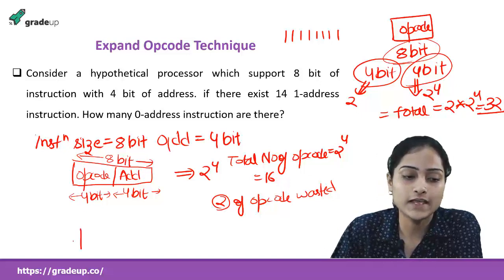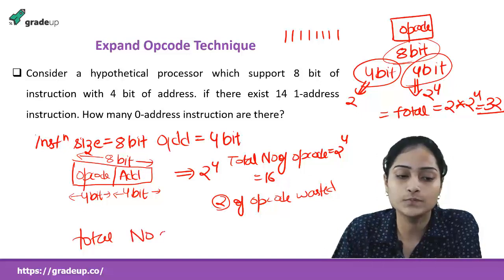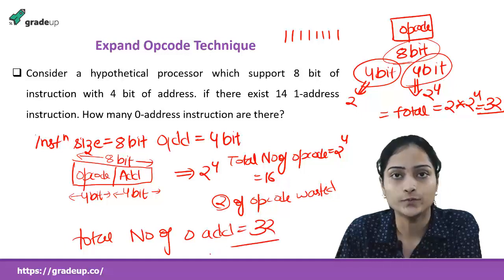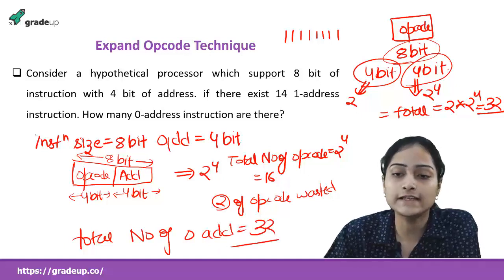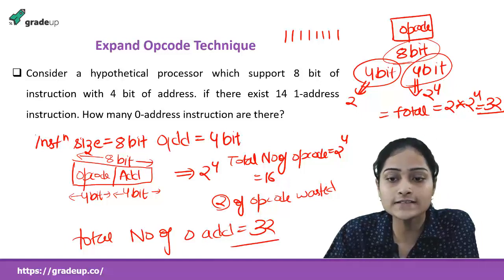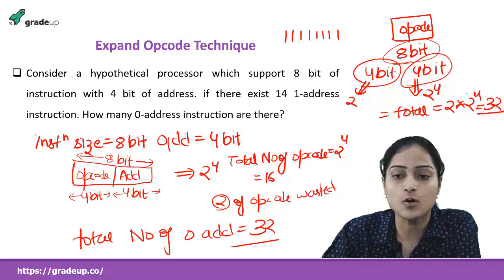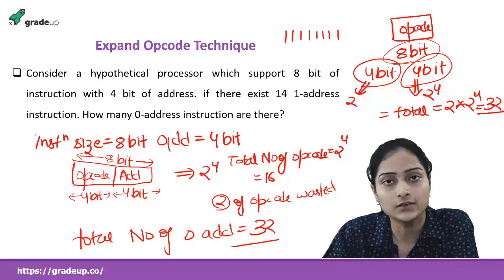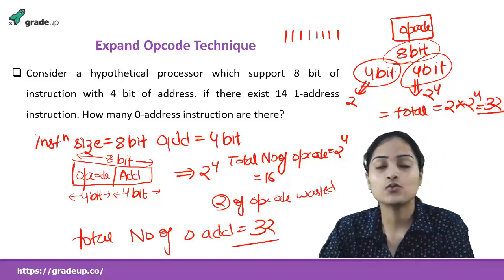What I mean to say is the total number of zero address instructions possible is 32, because to these 4 bits you can assign 2 raised to the power 4 opcodes, and by using these two combinations they are 32. I think you get this concept.